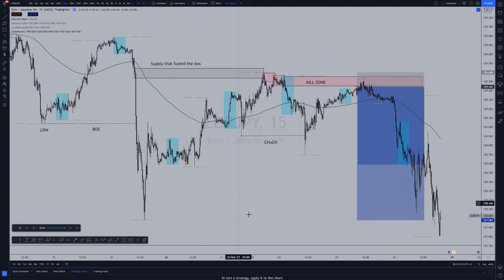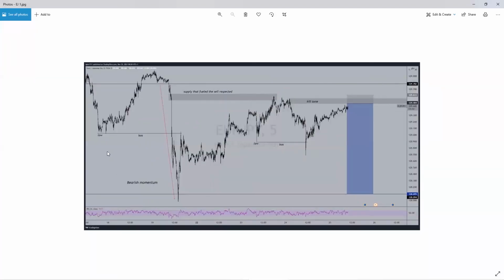So let me show you the trades when I took them. So you can see how I labeled my chart. Very neat, very neat. And I sent this to my mentorship group, and they all participated from it. You can see my BOS. I even labeled it BOS here, not low and not change of character. So it's just the lower time frame break of structure from a higher time frame zone.